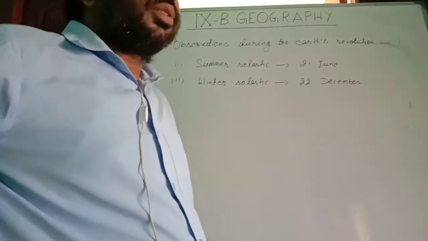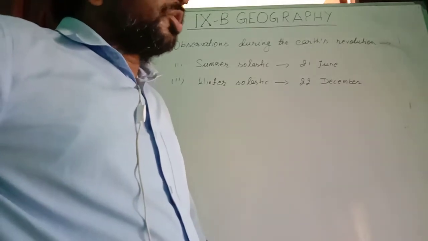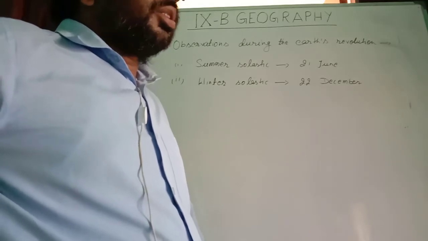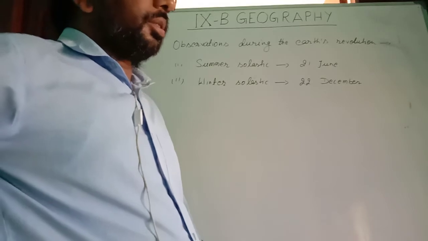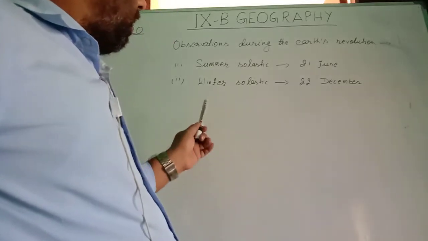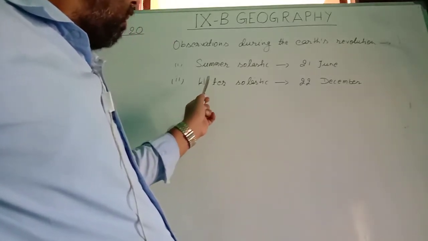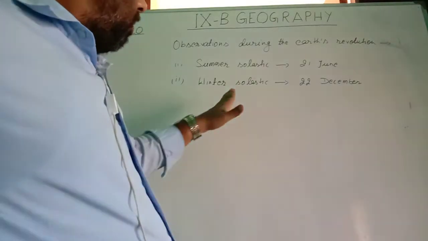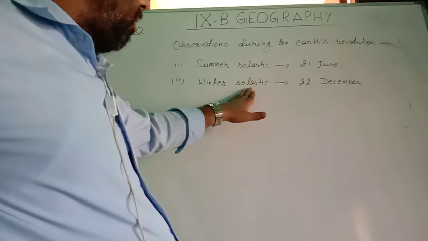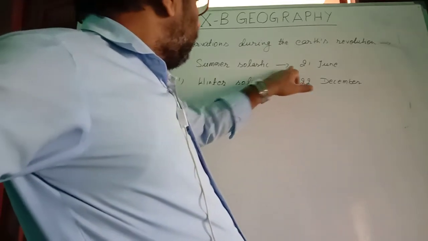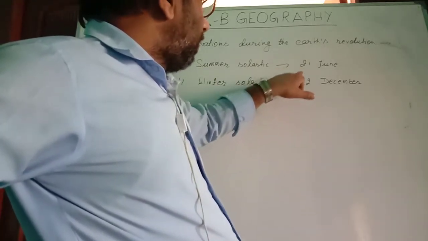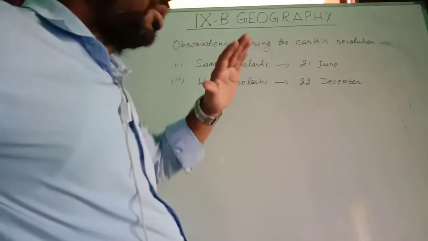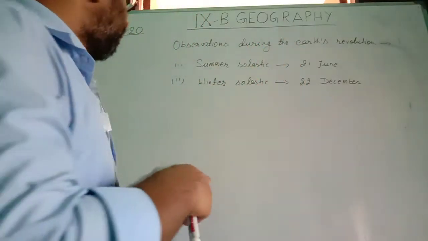At this date, there will be a longer night and shorter day. Again, in the northern hemisphere, when there is winter solstice on 22nd December, there will be summer solstice in the southern hemisphere.